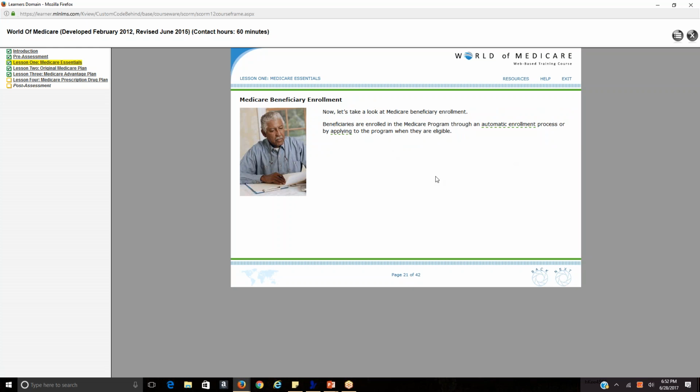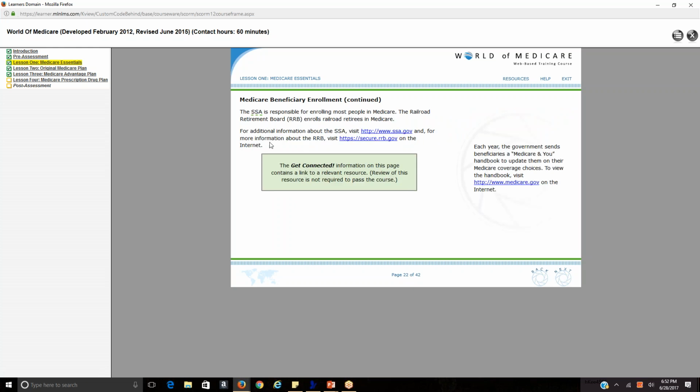So, how do Medicare beneficiaries enroll? The Social Security Administration is responsible for enrolling most people in Medicare. The Railroad Retirement Board enrolls railroad retirees into Medicare. So there's a little special section of Medicare called Railroad Medicare that is only for railroad retirees.